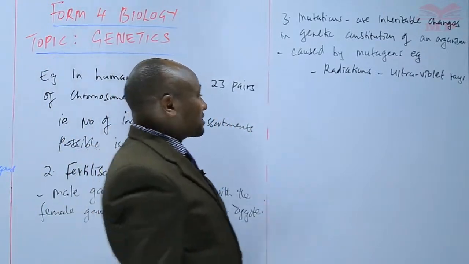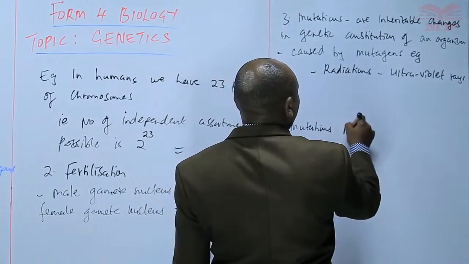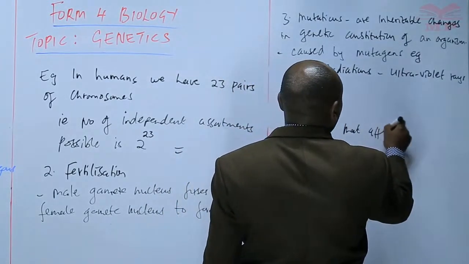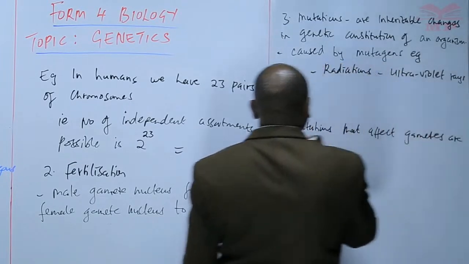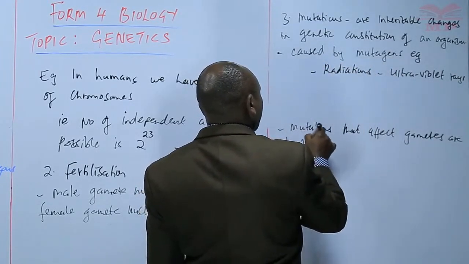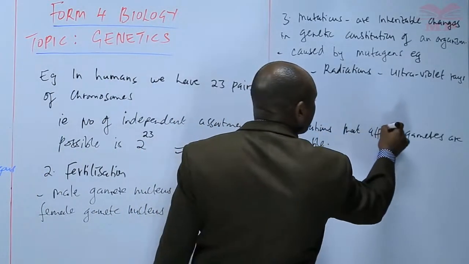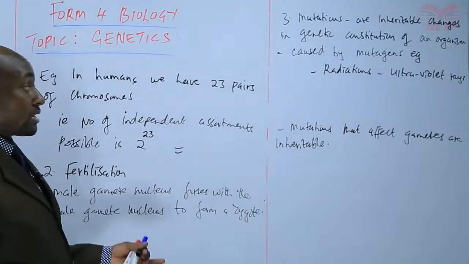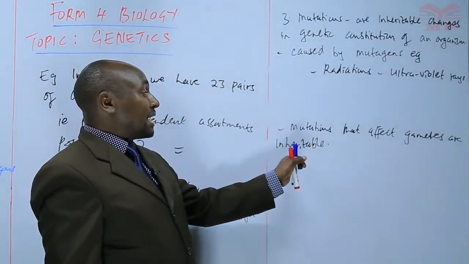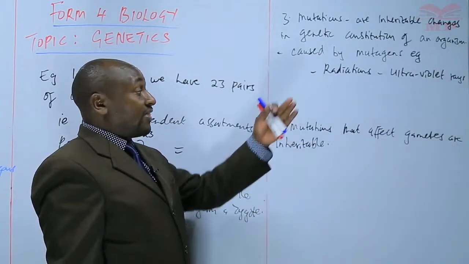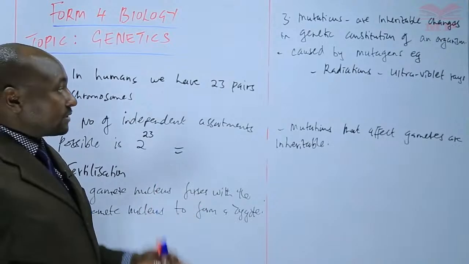Mutations that affect gametes are inheritable because gametes can be transmitted from parents to the offspring. So the most significant mutations are those that happen in the gametes because they are passed on.